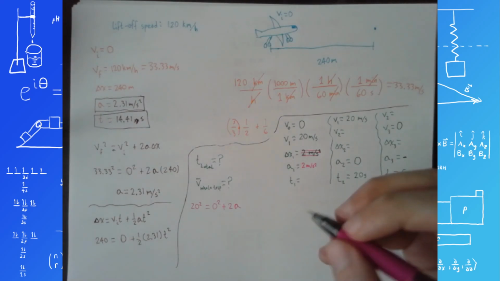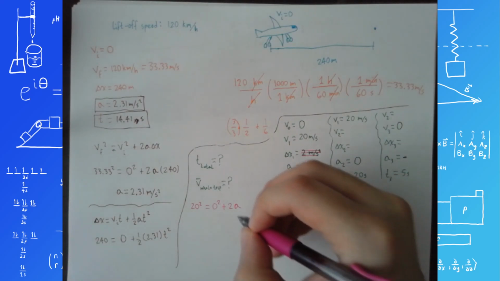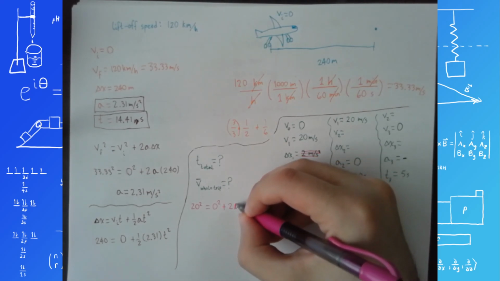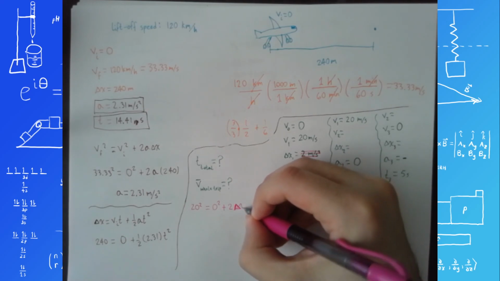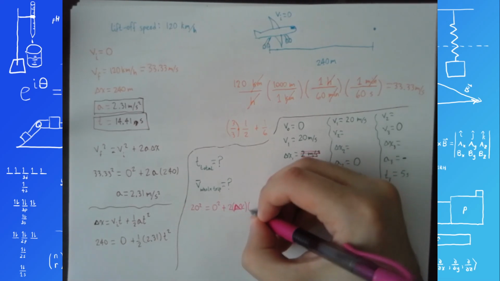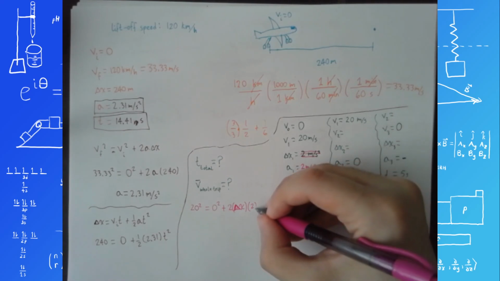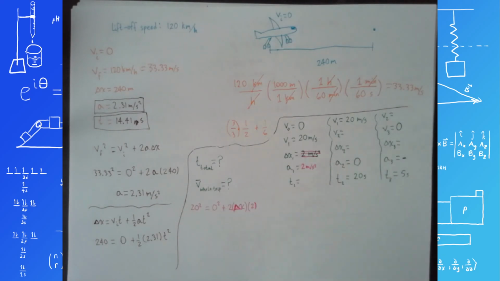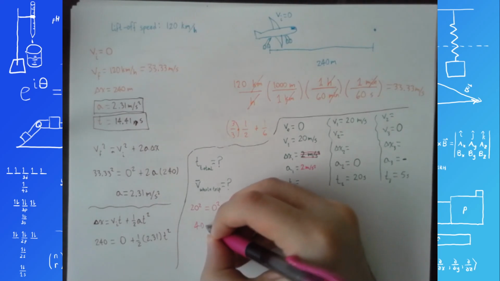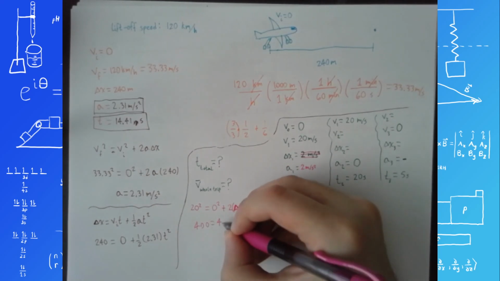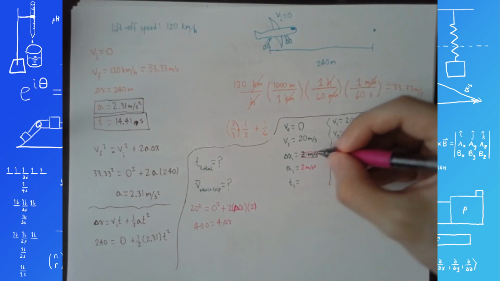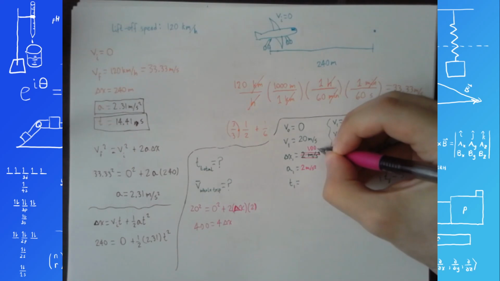Okay, so 2a, and the a is actually 2, so I'll write this as a delta x and write another 2 over there. That fixes it. So 4 delta x is equal to 400, which means delta x is 100 meters. 100 meters.